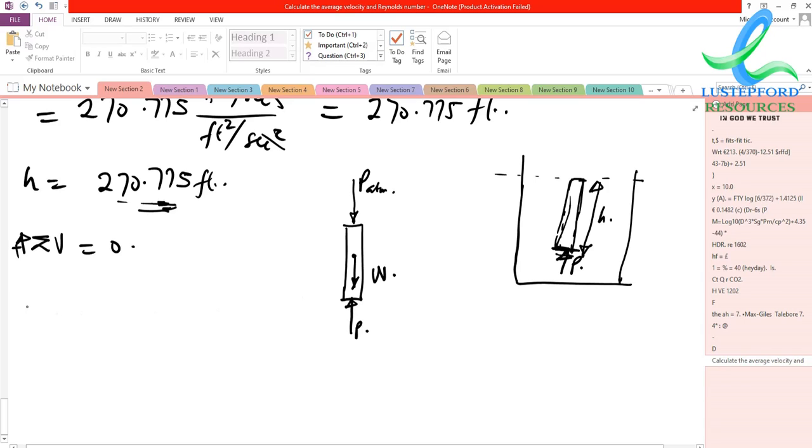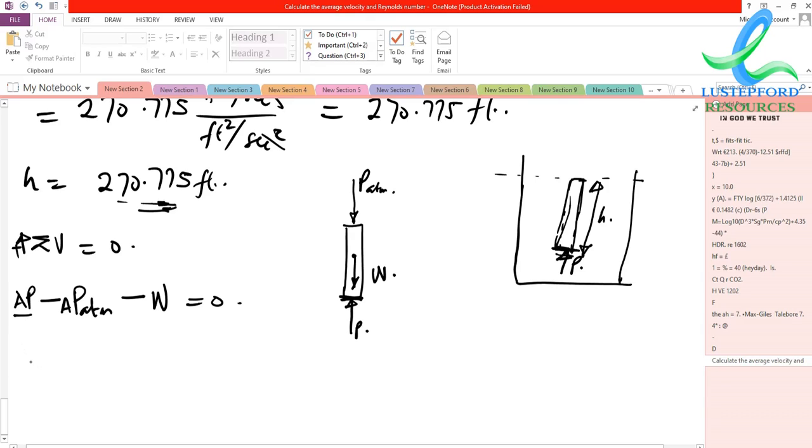Now the vertical forces is positive, so you have P, the pressure, times this area is the force, times there is a small area there, minus the atmospheric pressure times the area gives you the force, minus the weight of the fluid.